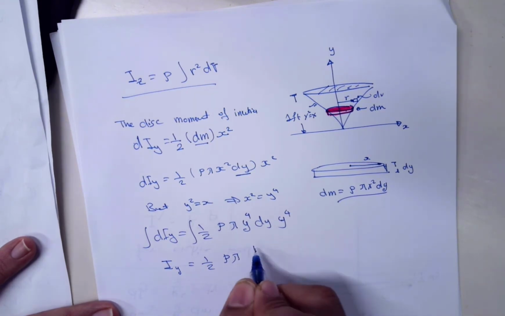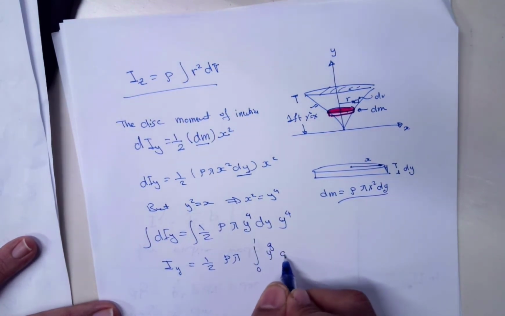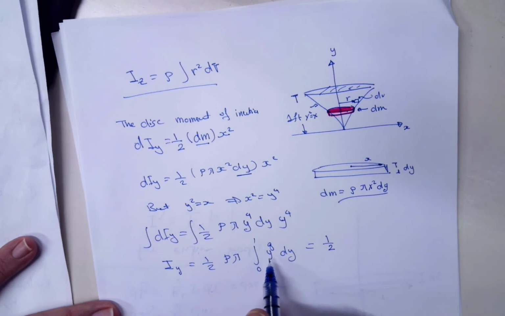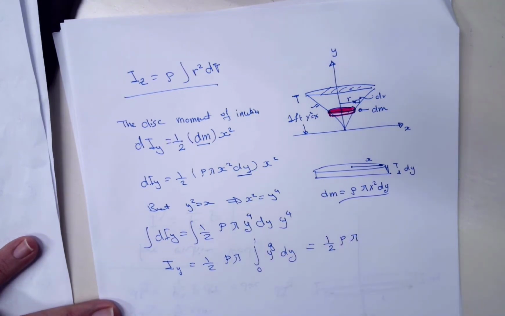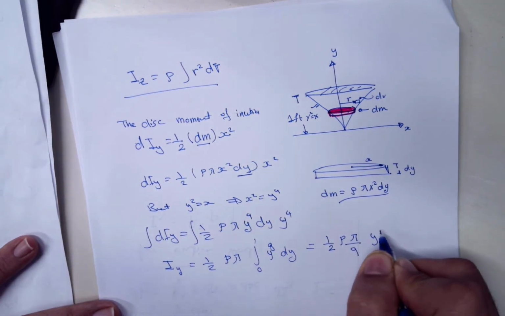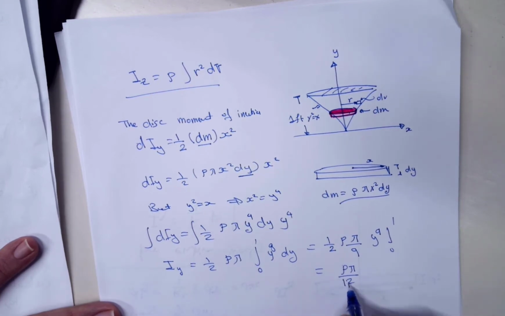The integration with respect to y, from 0 to 1, of y to the power 8 dy, and that is going to be equal to, before I do the calculation or substitution, I'm going to put this into the perspective of y. So 1 over 9, y to the power 9 from 0 to 1, and that is equal to rho pi over 2 times 9, 18 over here.